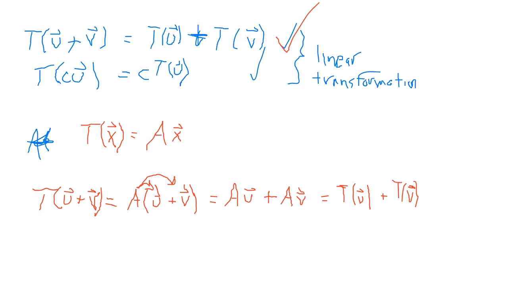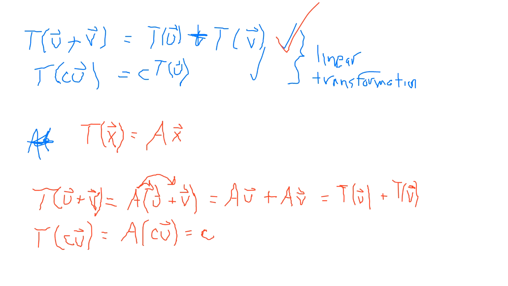The second condition says if we transform a constant times U, that would be taking the matrix A and multiplying it by C times U. It turns out that constants can be brought out front.